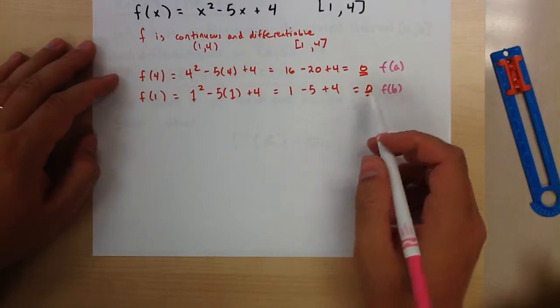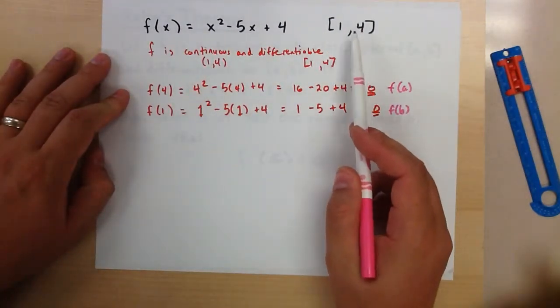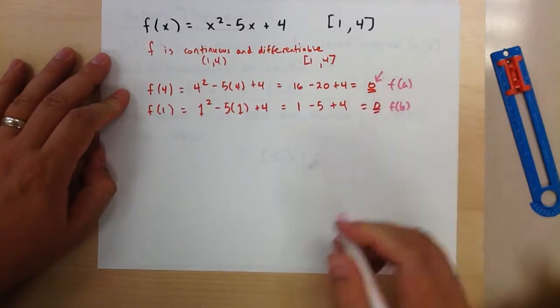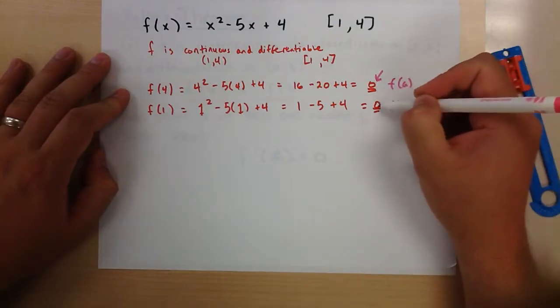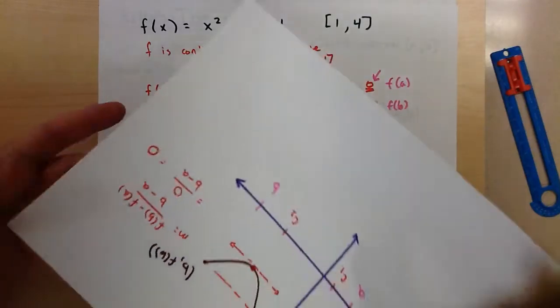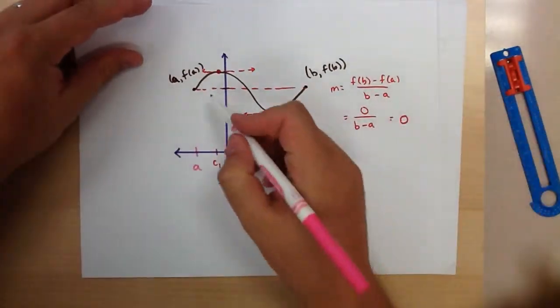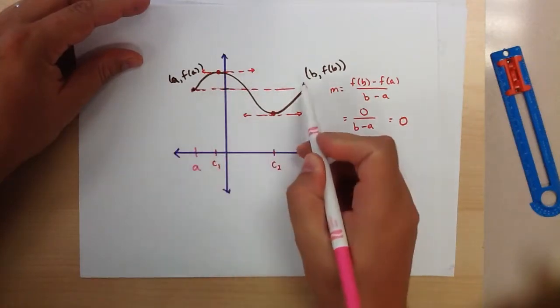So what they're saying is, hey, what value exists between 1 and 4 that also has a slope of 0? Because these two are the same y value, going back to this, if you connected them, that's a slope of 0.